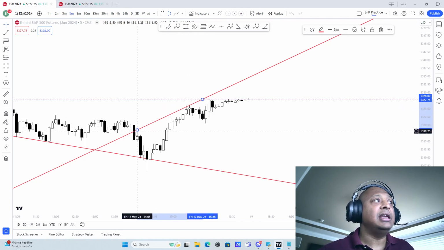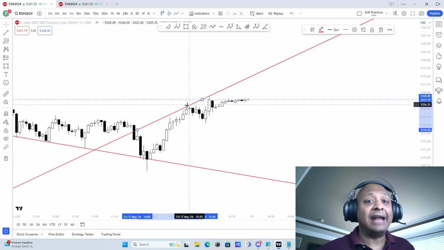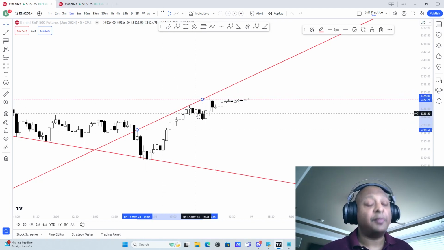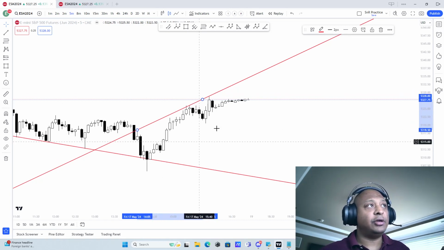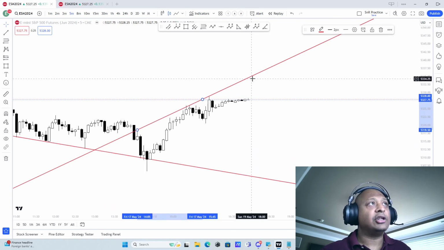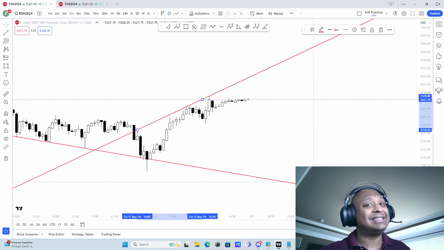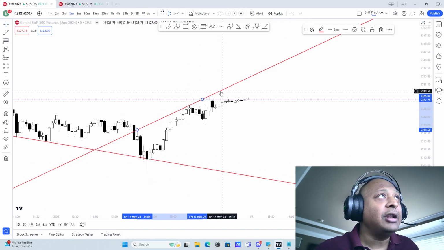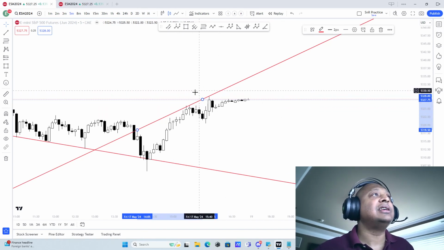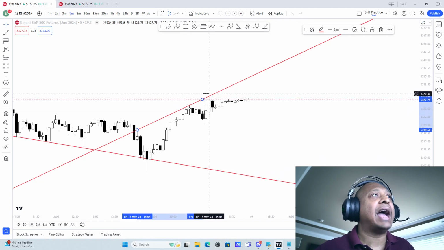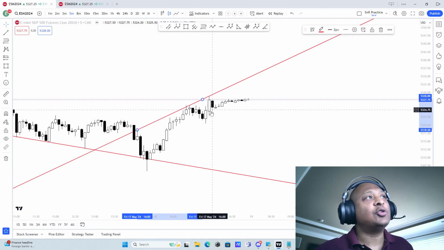This is telling me that this part is actually a channel and this is not yet a wedge. But remember, during a bull run, the top line is still the wedge. During a bear run, the bottom line is still the wedge. But I will not consider that this wedge is going to be active right now and is going to fail.